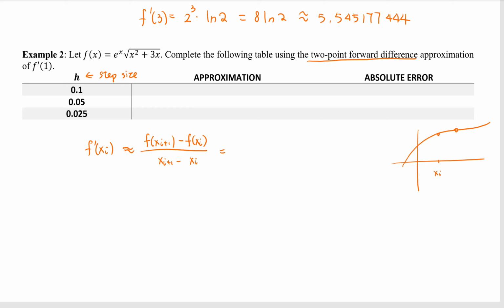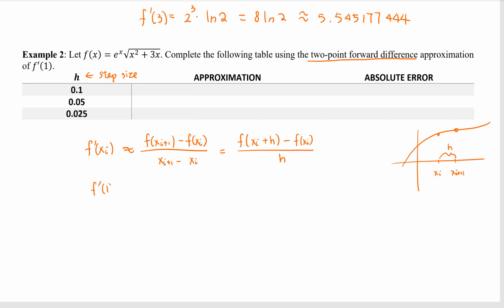This point is xi. This point is xi plus 1. Then the difference between them is h. So this is the same as saying f of xi plus h minus f of xi, all over h.